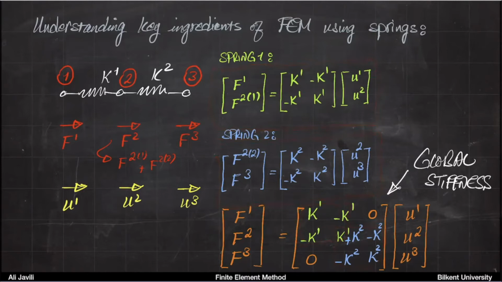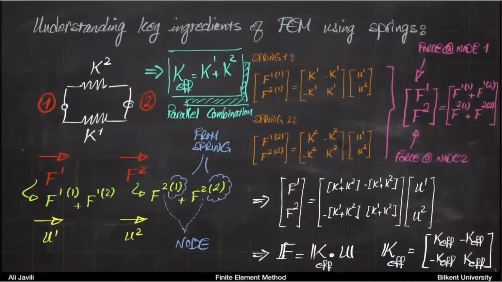This is very important, and you can appreciate this difference better if you compare it with what we had here. Here, we also did the same thing. We had system 1, we had system 2, and then we added them together. But in this case, this assembly was more straightforward. We didn't have to paint them in different colors, but it's exactly the same thing.